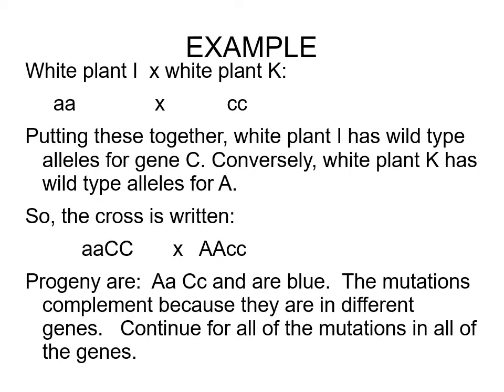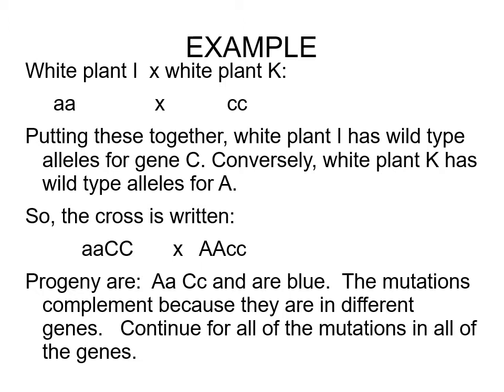Okay, so for example, white plant I times white plant K. We're going to define white plant I as being little a, and white plant K as being little c, assuming that those are the correct enzymes in that pathway. So when you write a cross like that, you have to put in the other gene. You can't just write little a times little c, in order to explain why the phenotype of the progeny is wild type.